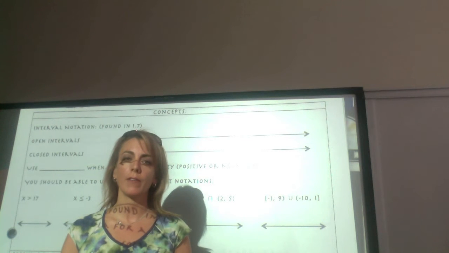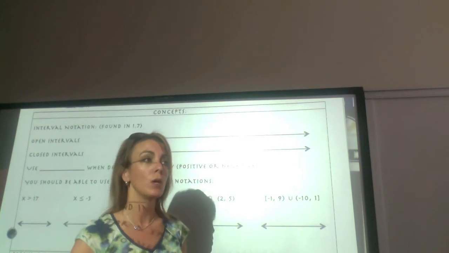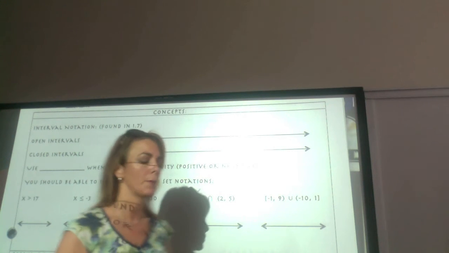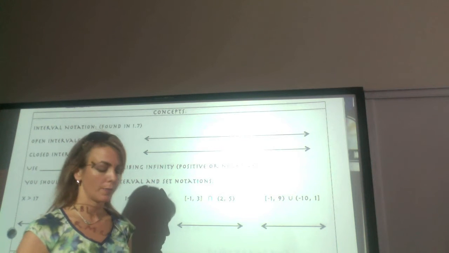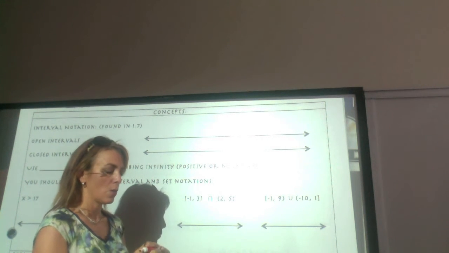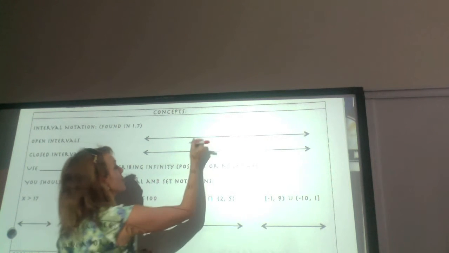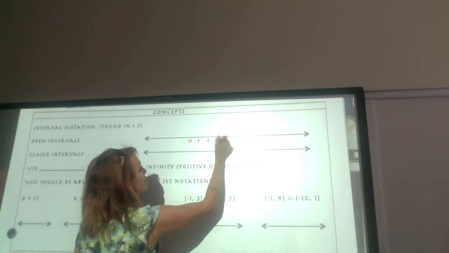When you were graphing everything greater than a number or less than a number, maybe greater than or equal to a number. So we're going to start with just greater than a number. Let's say that we wanted to express everything that was greater than the number 2.